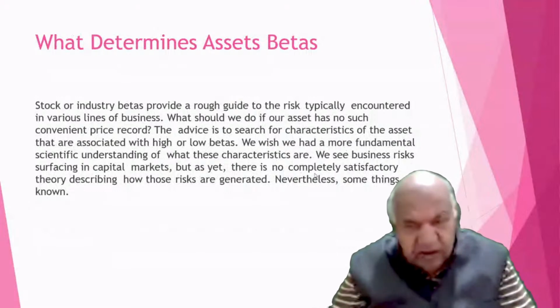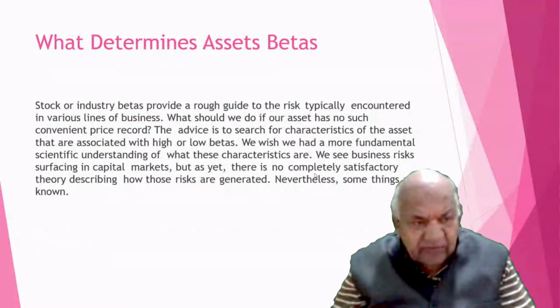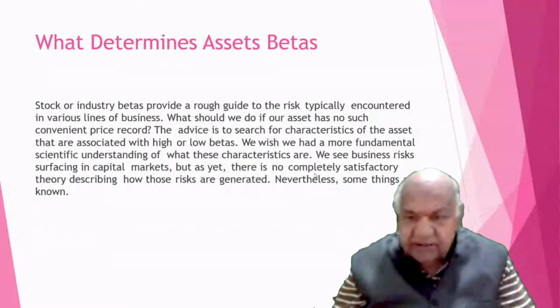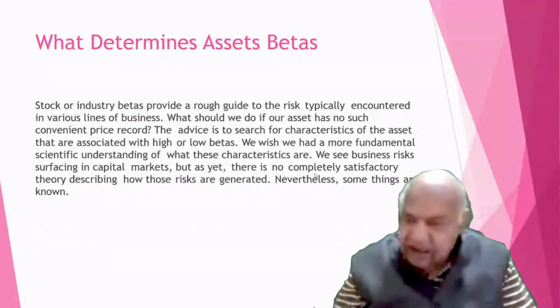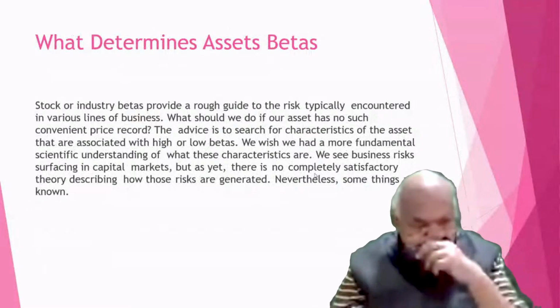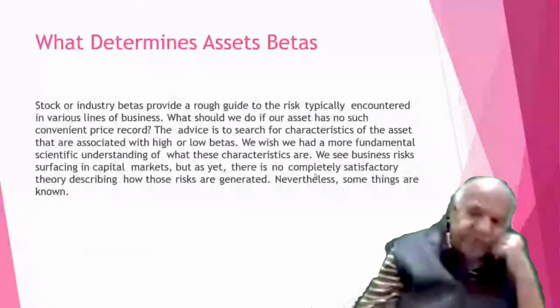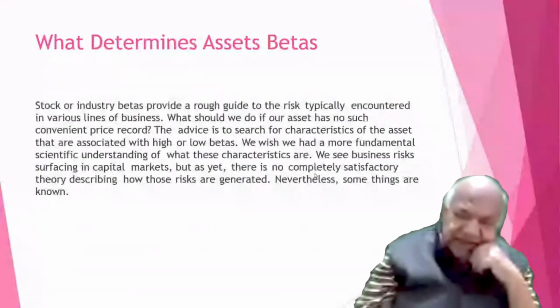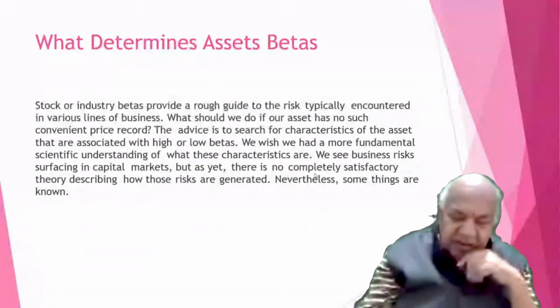We wish we had a more fundamental scientific understanding of what these characteristics are. We see business risk surfacing in capital markets, but as yet there is no completely satisfactory theory describing how those risks are generated. Nevertheless, some things are known.